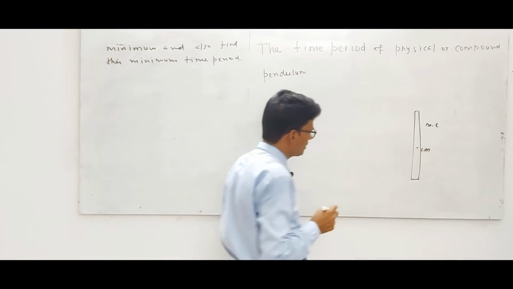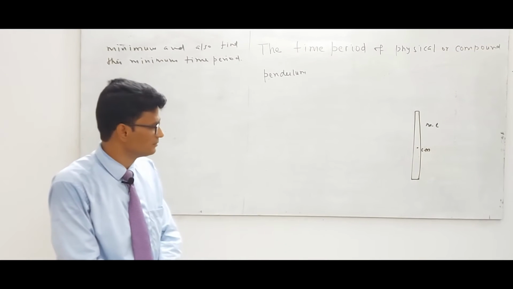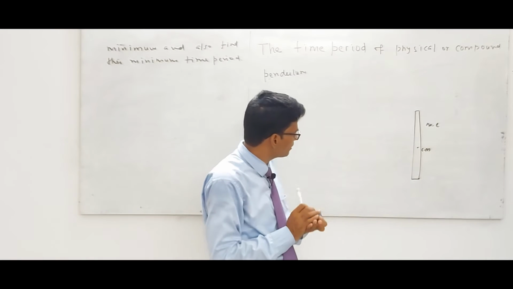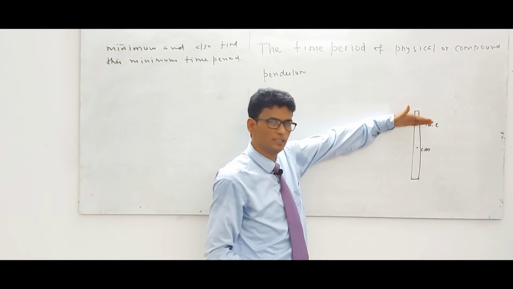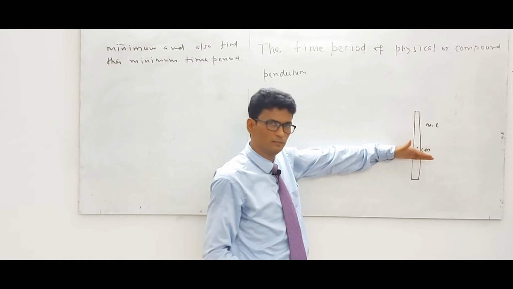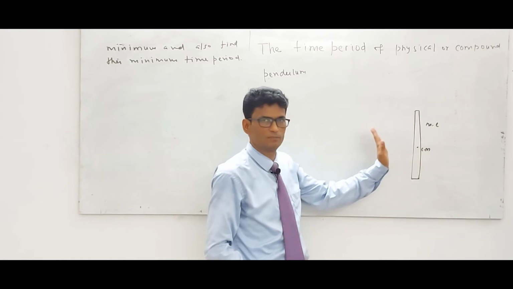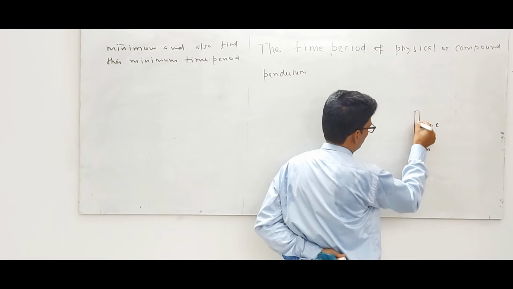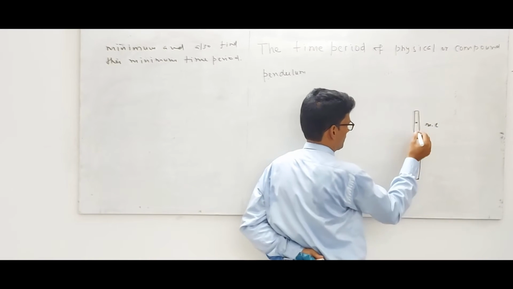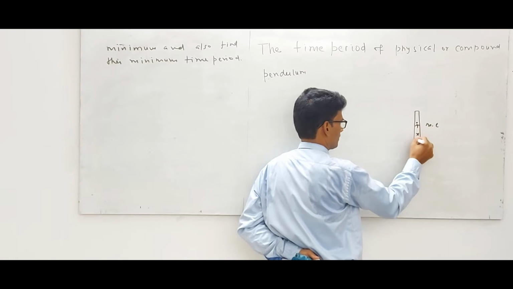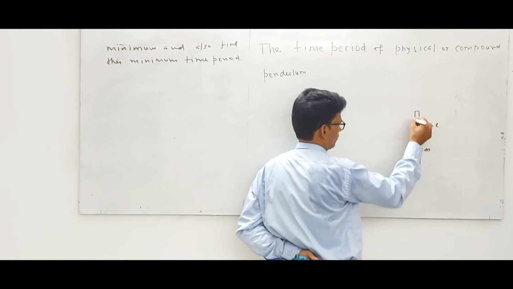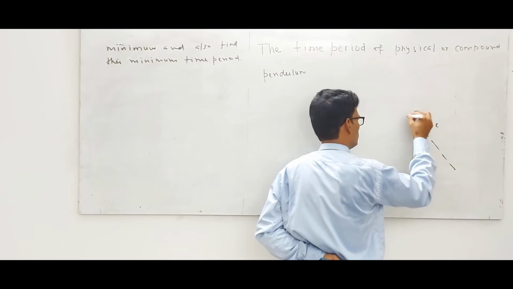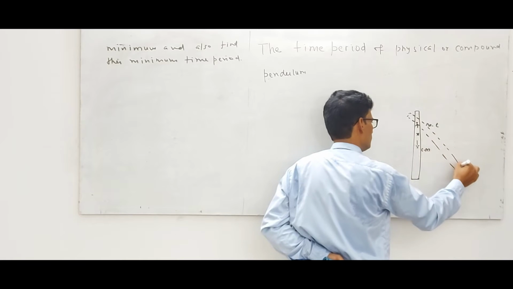We have to search for the point of suspension. The point of suspension might be above, not below. If it is below, then it will turn, so it cannot oscillate like that. So say somewhere here is the point of suspension, and this distance, say x, about which this oscillates.